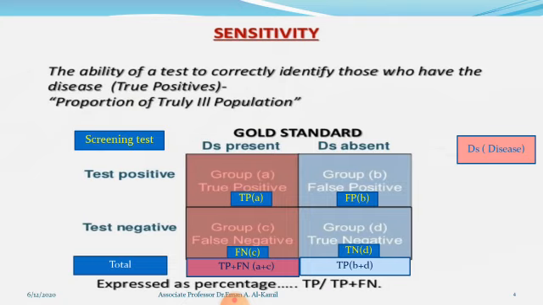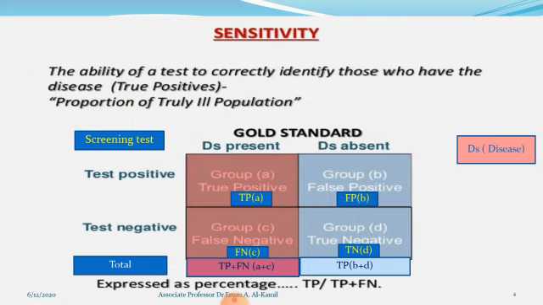Always, when we have any problem or statement with numbers, we are going to convert it into what is called a 2 by 2 table. The first column, the pink column, is the diseased individuals according to the standard test, and the blue is the negative by the standard test, while the rows are for the screening test, positive and negative.